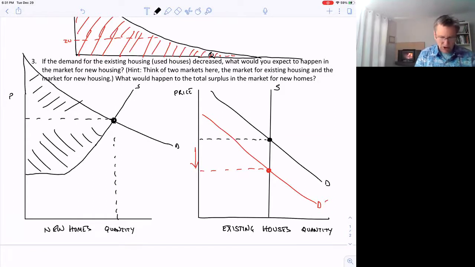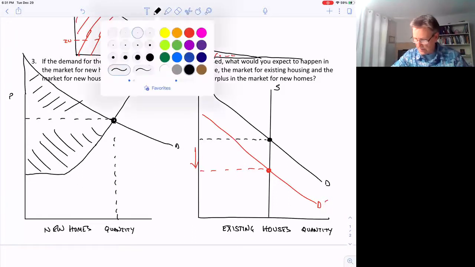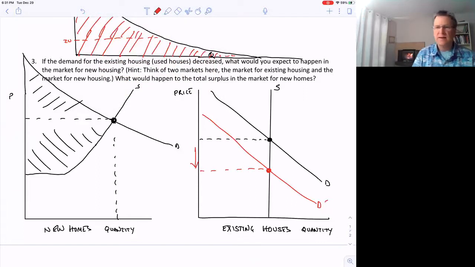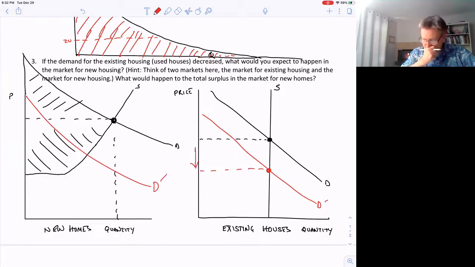So what happened to total surplus in the market when the demand falls? Well, since they're substitutes and the demand is falling for existing homes, the price of existing homes is cheaper. That means people are going to substitute away from the new homes and start buying the existing homes, which means the demand will fall for new homes.